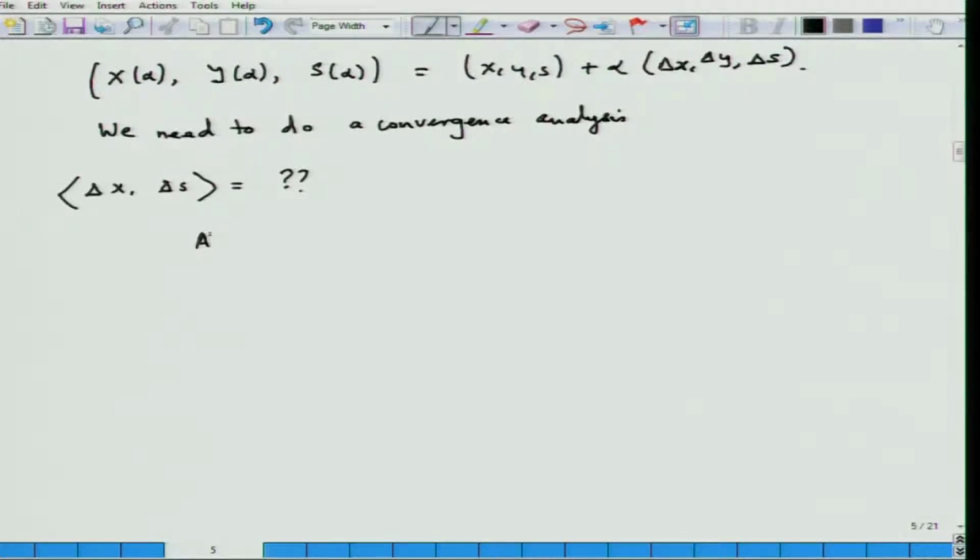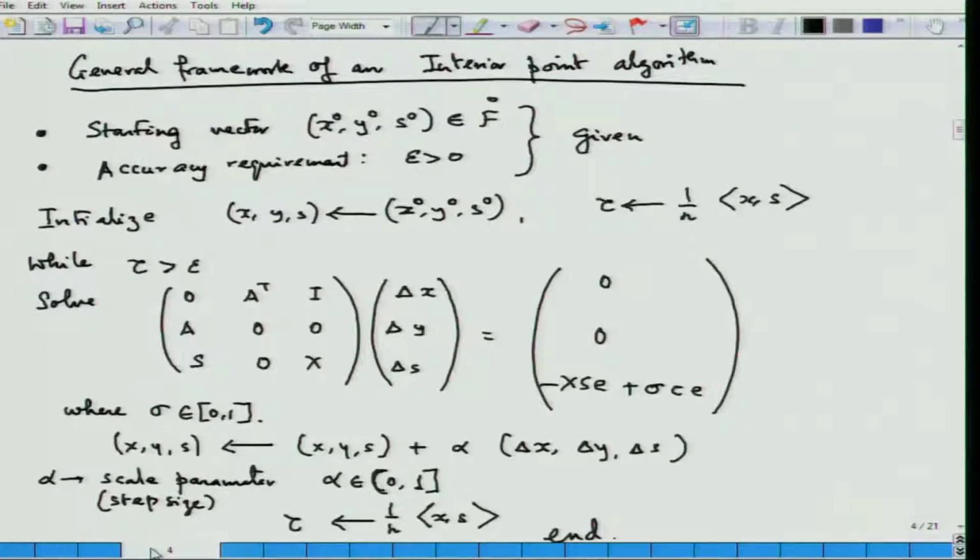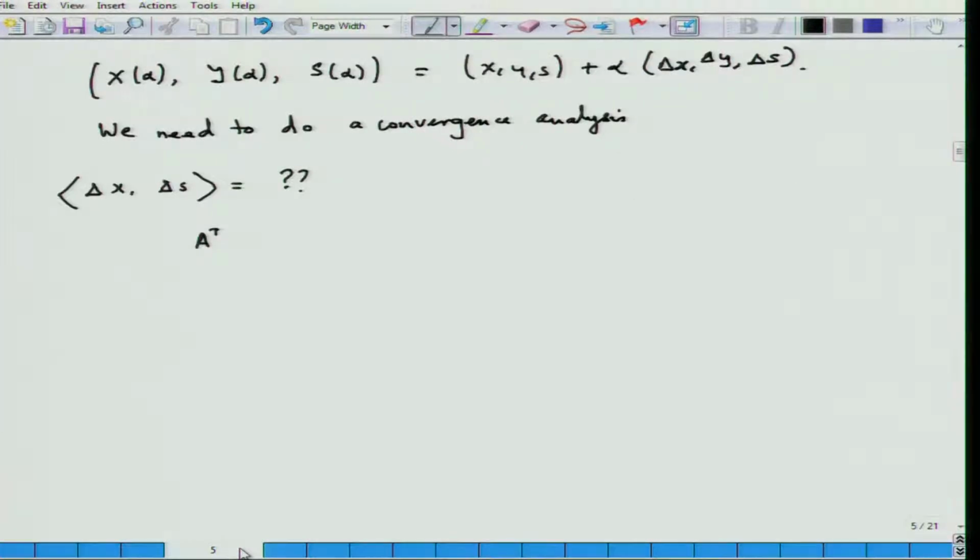From the Newton system, I will have A transpose delta y plus delta s equal to 0. Also, I have A delta x equal to 0.